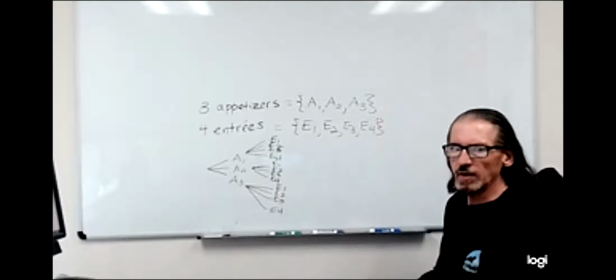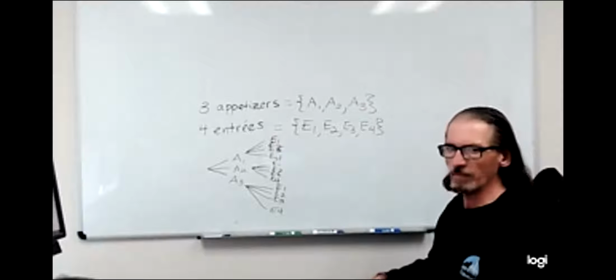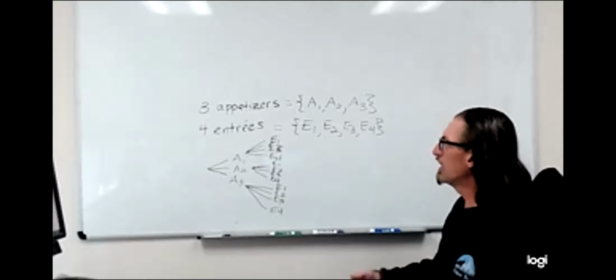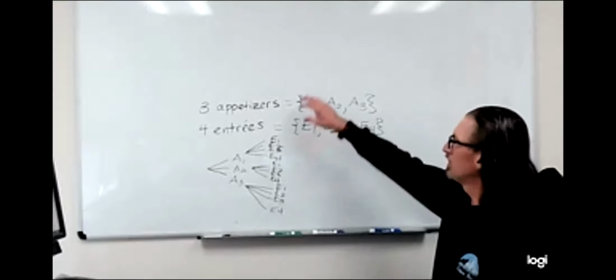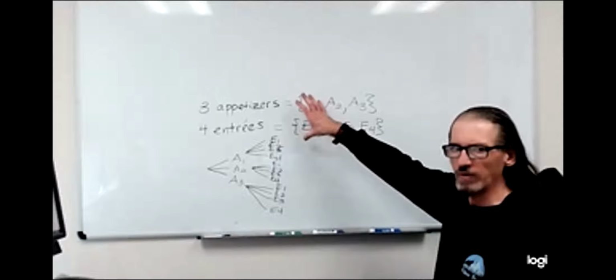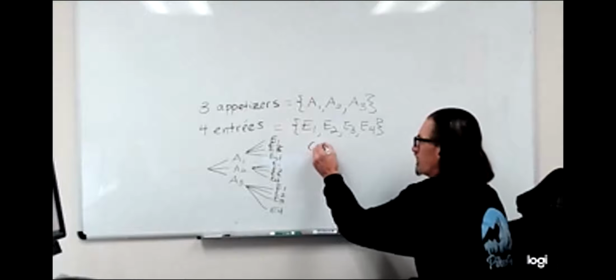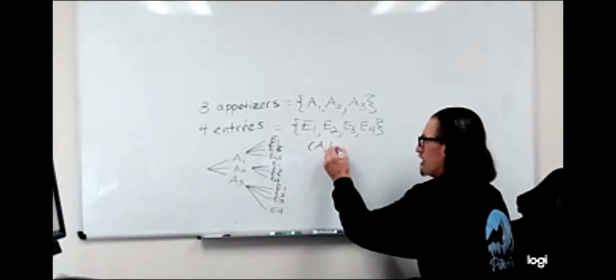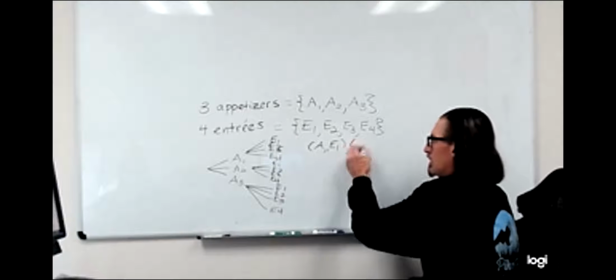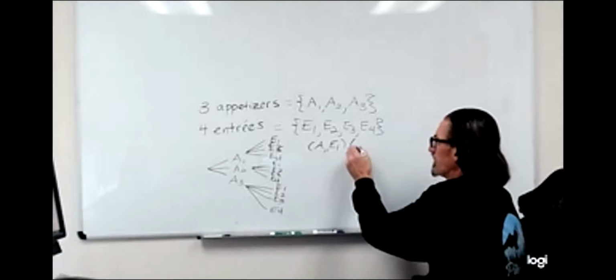If you look at how many endpoints we have to this branching, there are 12 of them. Now, by the way, my preference would be, since this is happening in order, ordering the appetizer first and then the entree, to list the different choices as ordered pairs instead of a tree diagram.